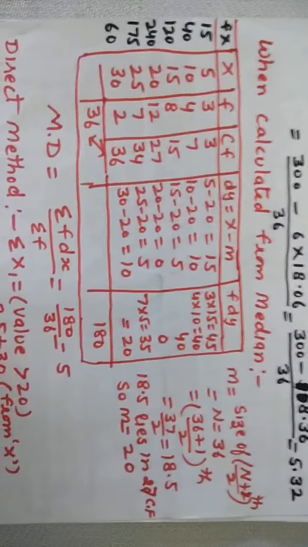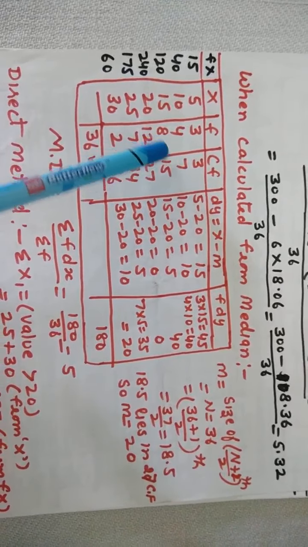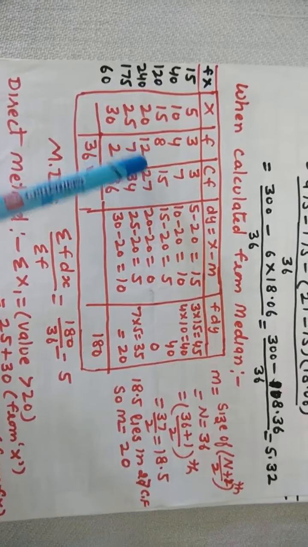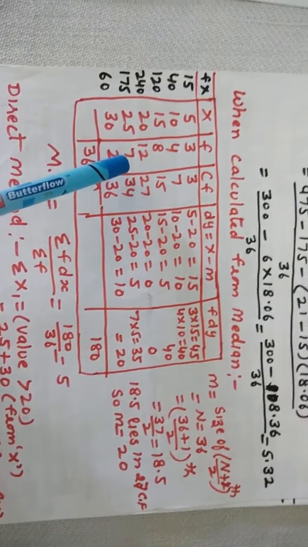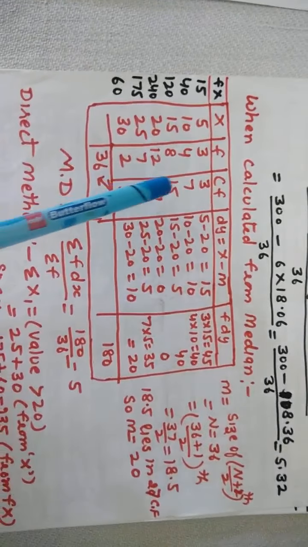Next is when we calculate mean deviation from the median. From the same statement, variables are given, frequency is given. For the median we take cumulative frequency. First is 3, next is 3 plus 4, 7, next is 7 plus 8, 15, 15 plus 12, 27, 27 plus 7, 34, 34 plus 2, 36.